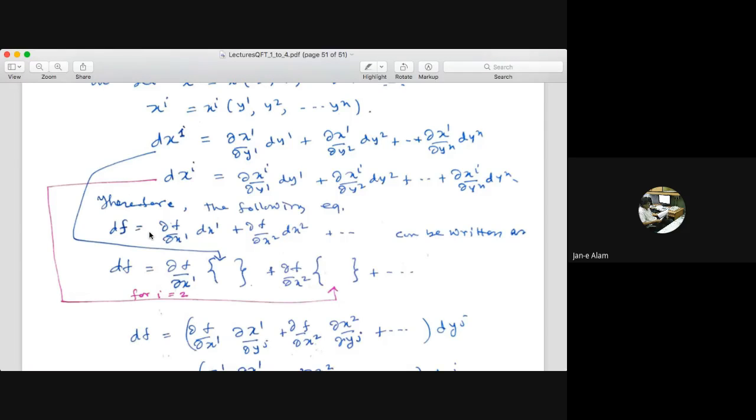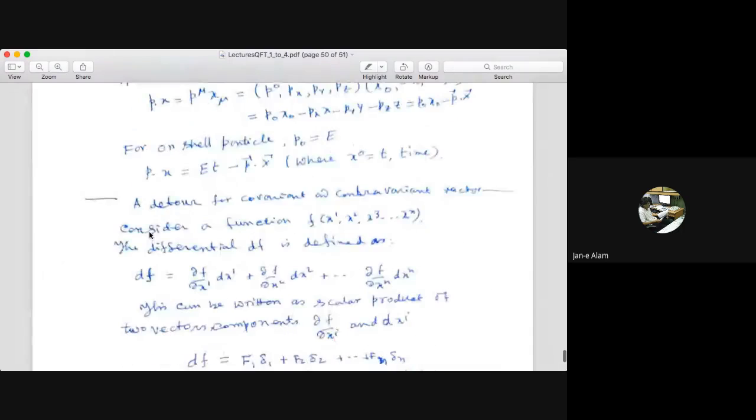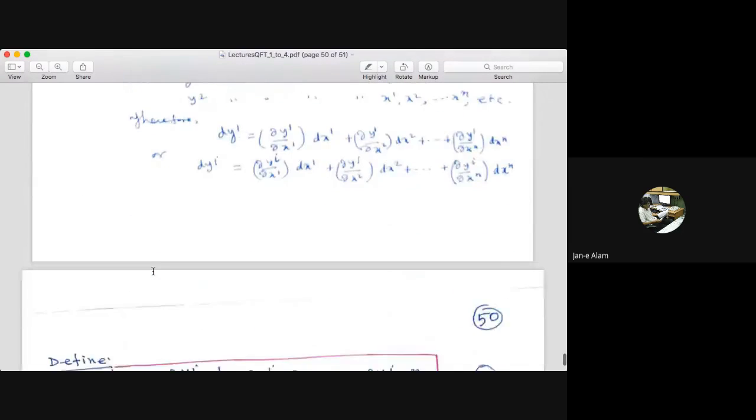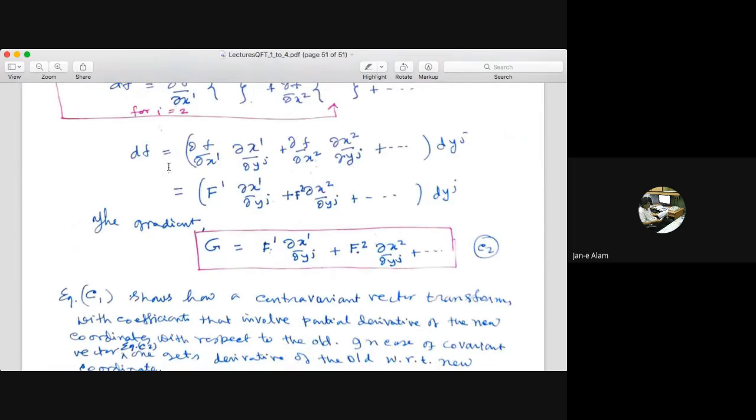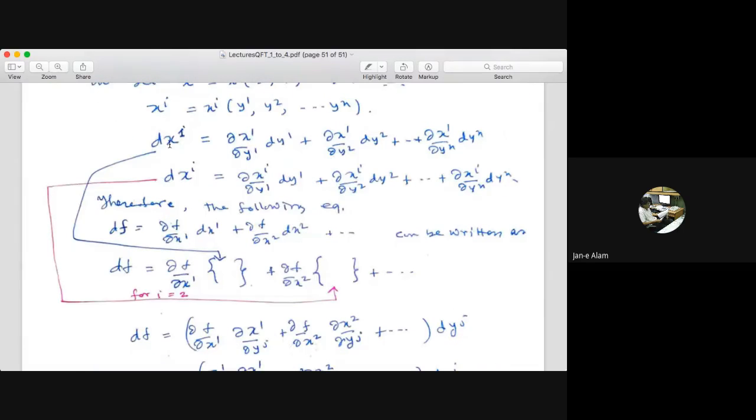Then df was the original total differential. Please go through this because it's just a few steps of algebra. You can write df as ∂f/∂x1 dx1 and so on. Now this dx1 is a long expression, so just put dx1 here. Similarly, ∂f/∂x2 dx2 will also have a similar expression for i equal to 2.